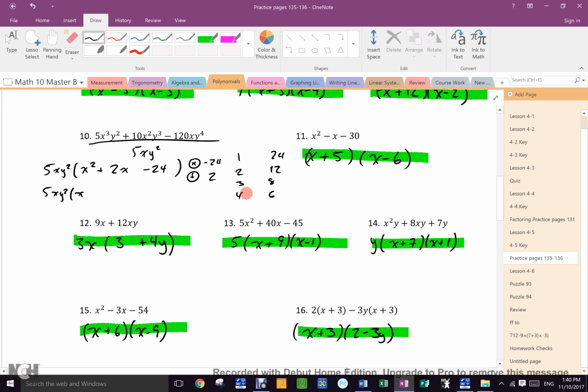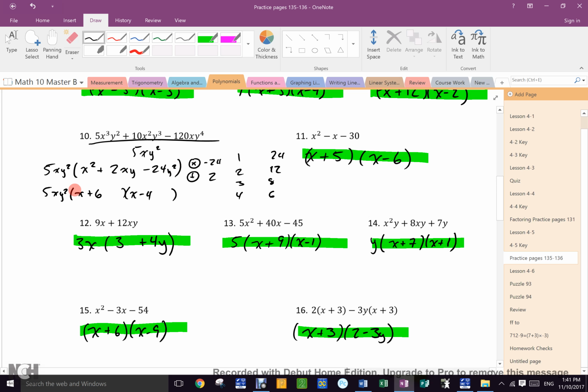How do I get 6 and 4 to add to 2 but multiply to a negative? Negative 6 plus 4 would be negative 2. Oh, so positive 6 minus 4, yes? Now, I look at that and I say, okay, I got it, except there's a y and a y squared there, yes?